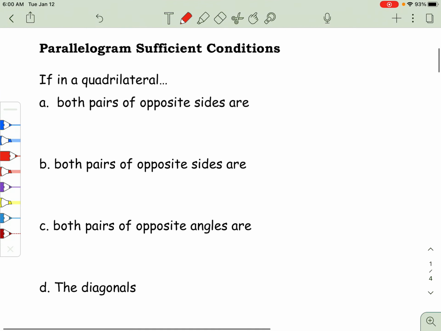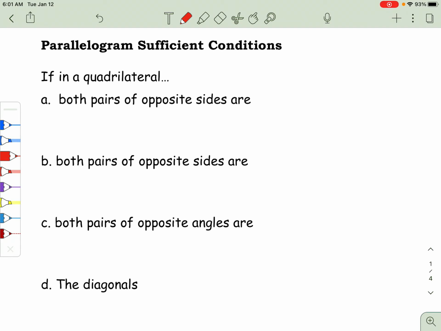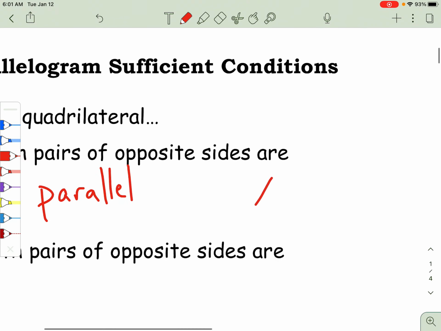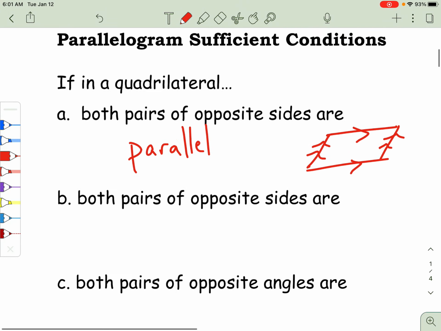So let's talk about the sufficient conditions before we get into these couple proofs. In a quadrilateral, if both pairs of opposite sides are parallel, then it is a parallelogram. So if they give you a shape where both pairs of opposite sides are parallel, then you know it's a parallelogram.